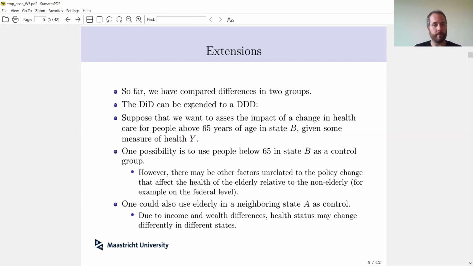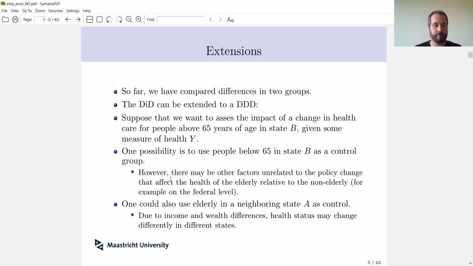Okay, so now what possibilities do we have? Well, as usual, we can simply try to find a good control group within state B. And we could look at younger people, and we take the young people as a control group for the old people. But of course, it's very clear that the health of the elderly may develop very differently from the health of the younger.